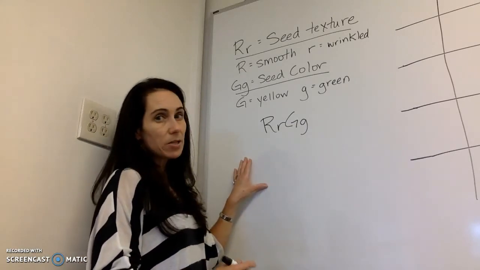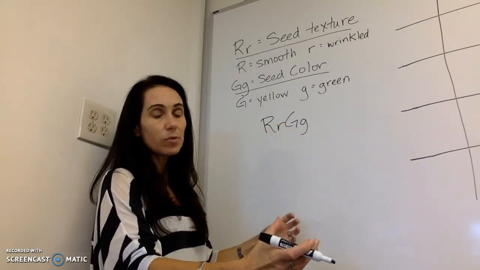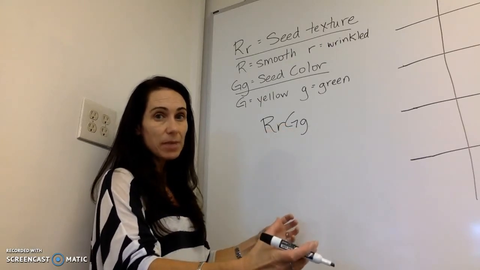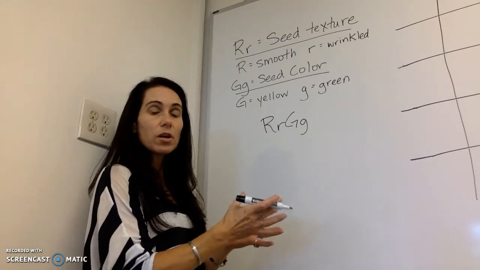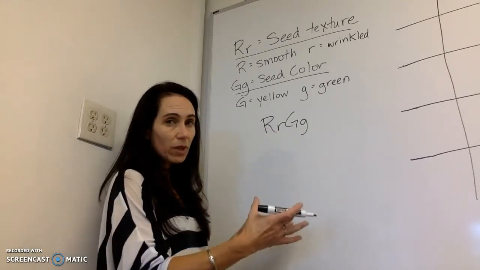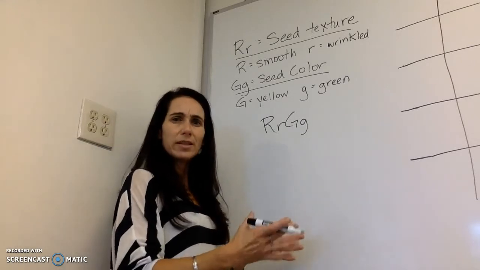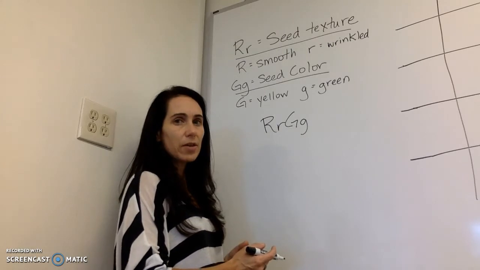Here now, because we have more alleles that need to be split into the reproductive cells, the gametes, it means there are some more combinations in which these alleles can combine and go into those reproductive cells. So we use this method kind of like foiling that they do in math, and here's how this works.